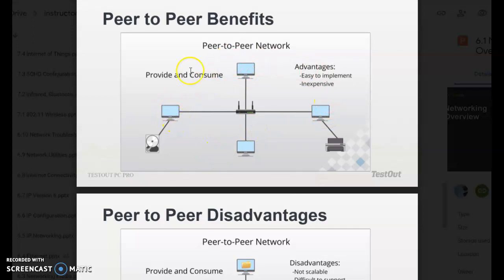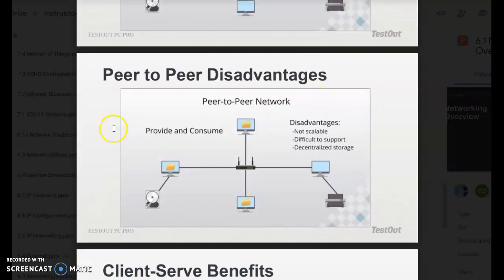At home, when you have a home network, you don't have a server that manages the network. All of you are connected through a router, a medium, and then you can share your printer, you can share your drive. It's easy to implement. It's very inexpensive.